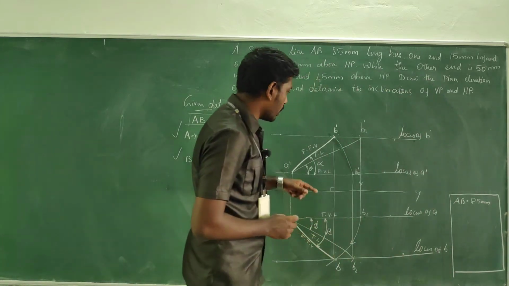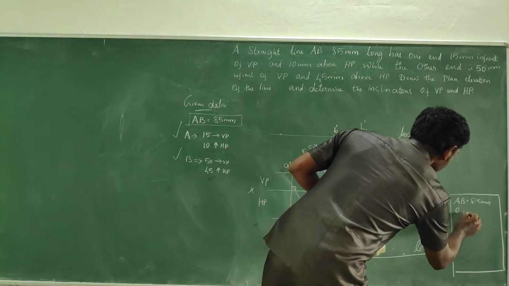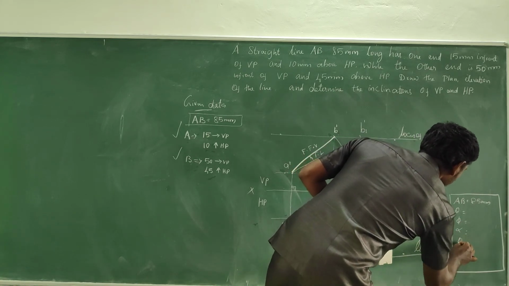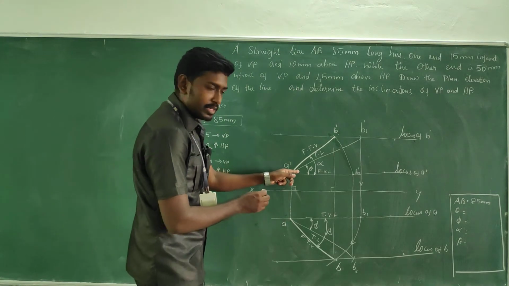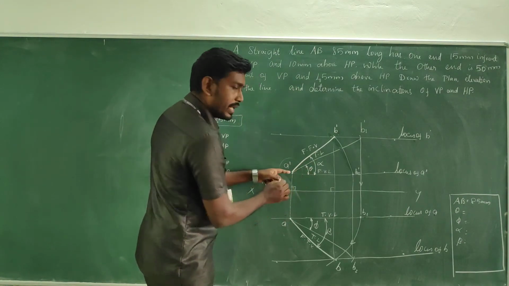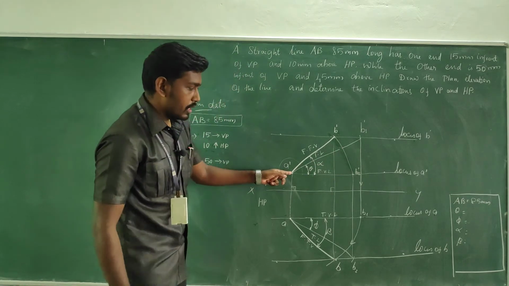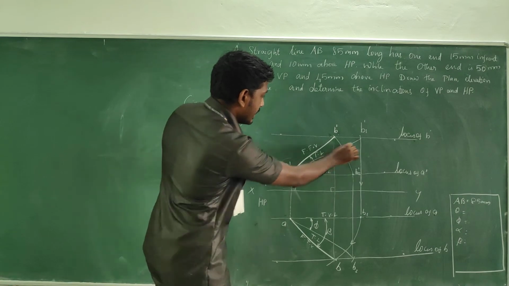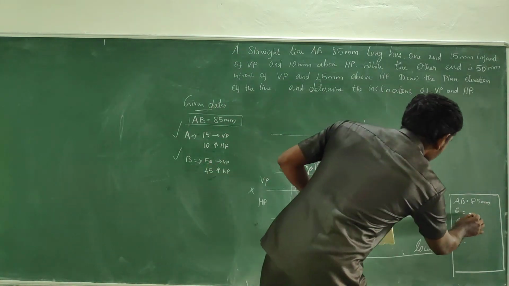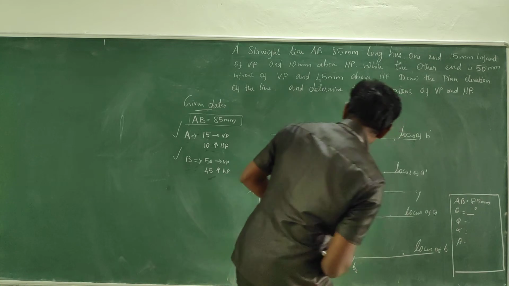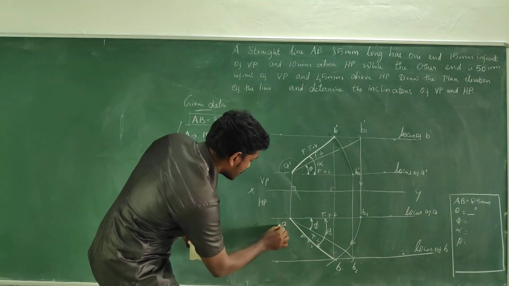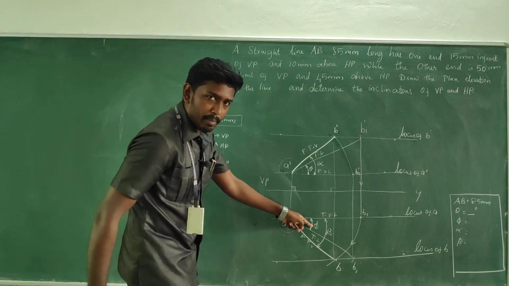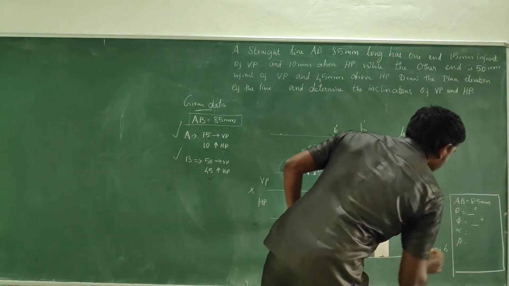In the same manner, take the theta, phi, alpha, then beta measurements. So for theta, by keeping your protractor in this manner, you can read theta, right? You will get it in degrees, and in the same manner if you keep your protractor like this, you can read phi, which also you get in degrees.